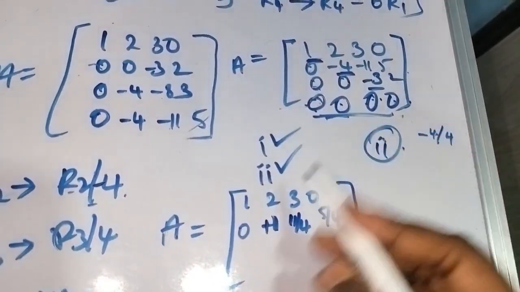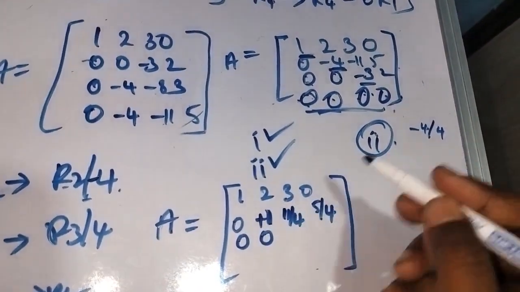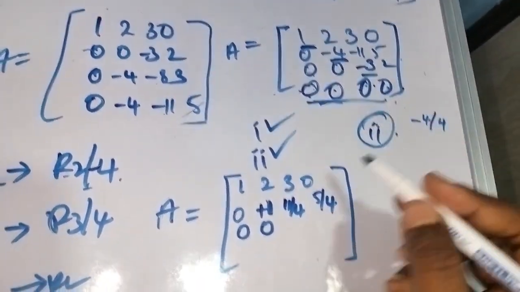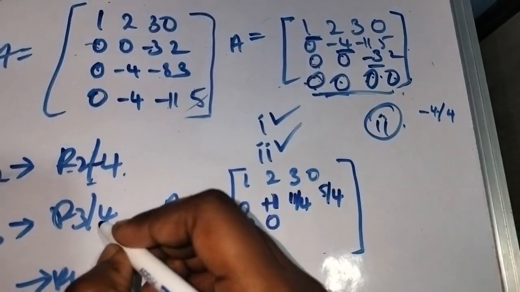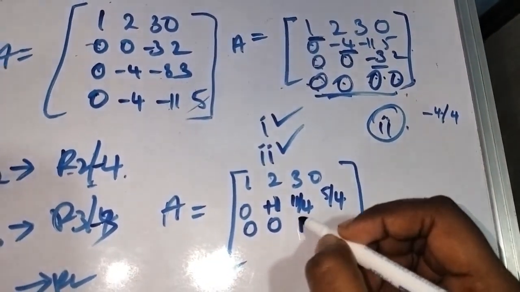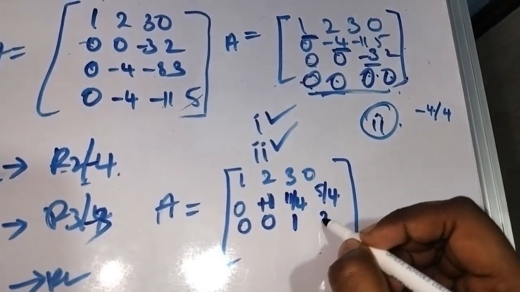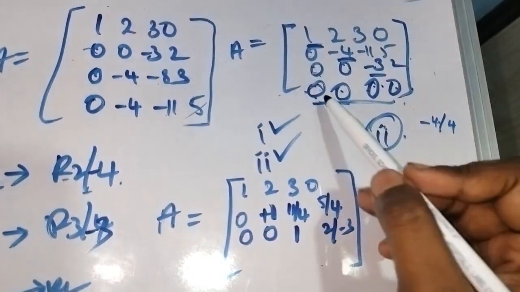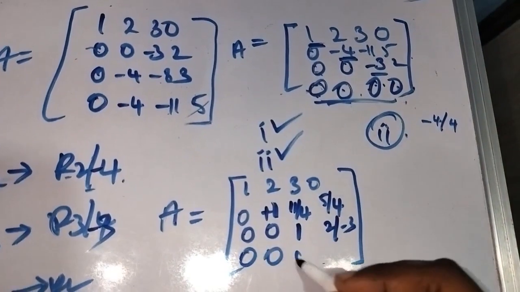And next R3: 0, 0, and minus 3 by minus 3, which gives 1, and 2 by minus 3. So here are all 0 entries.